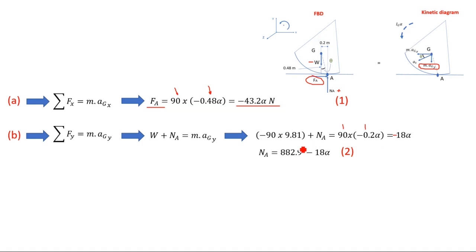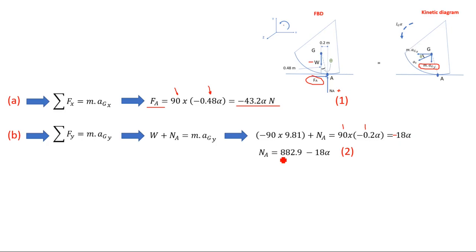Now we can rearrange the equation, and we find that Na is equal to the weight minus 18 alpha. So we found the second equation. Now we have two relations, and we're going to use them later to find the values for Fa and Na. We just need to find alpha.